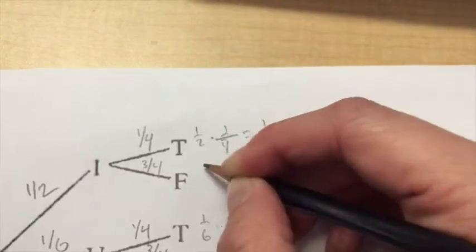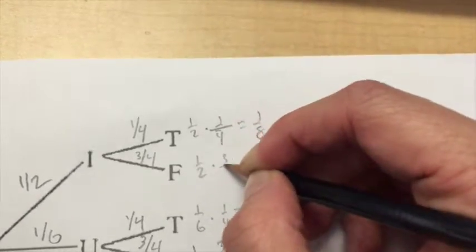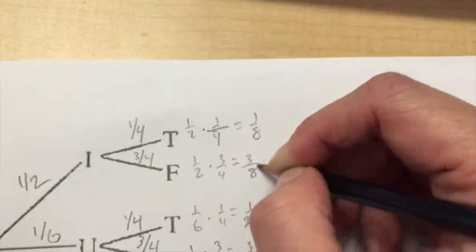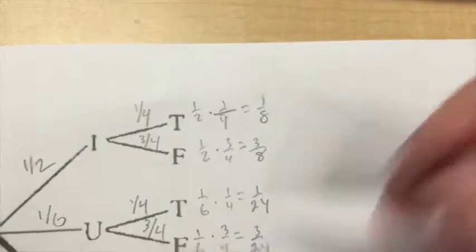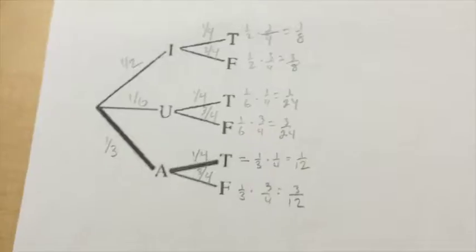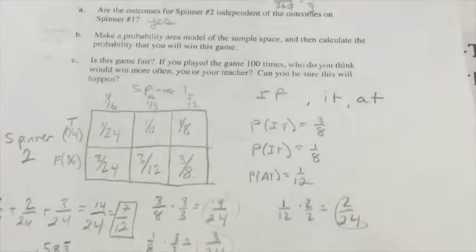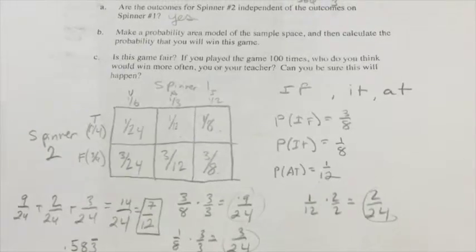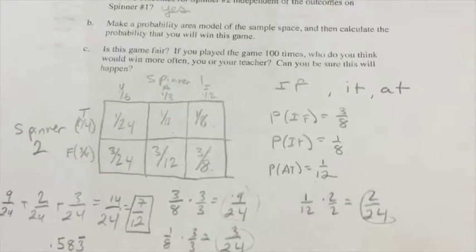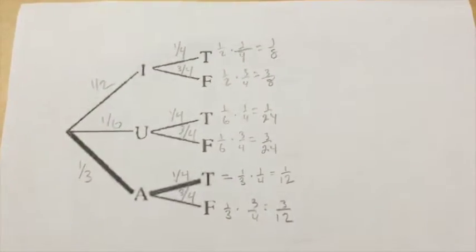So this will be 1/8, and 1/2 times 3/4 is 3/8. So these numbers are the same numbers that we've seen in our area model. So this is just another way to get our data. That's all that's saying, right? So just verify that these numbers represent those numbers here.